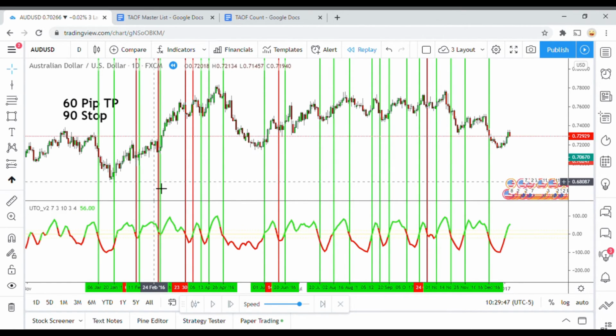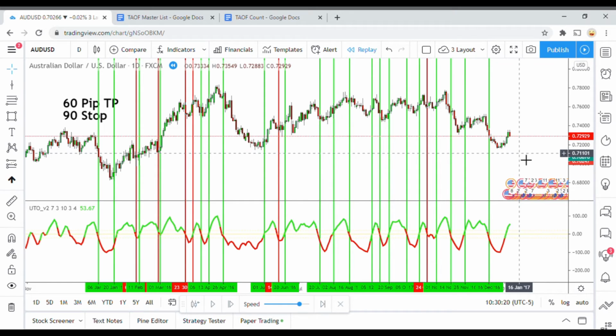We have 21 winning signals. That is a really, really respectable win rate, especially with an indicator that gave us 27 signals.